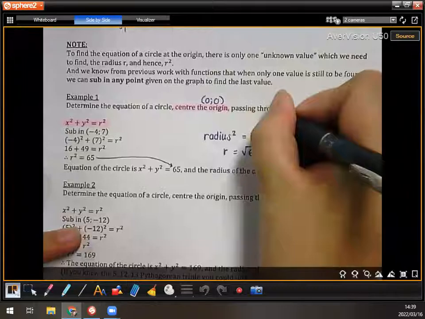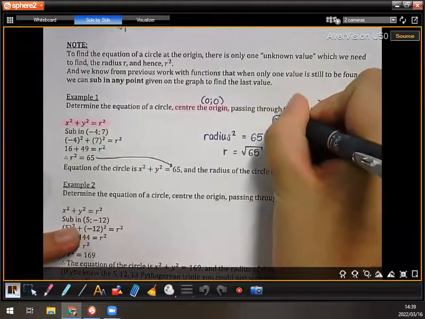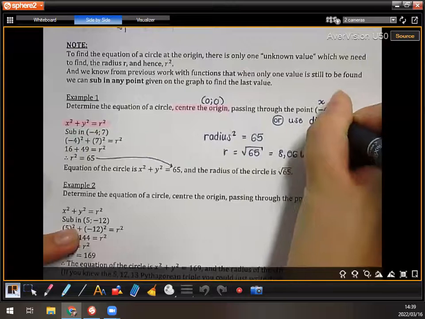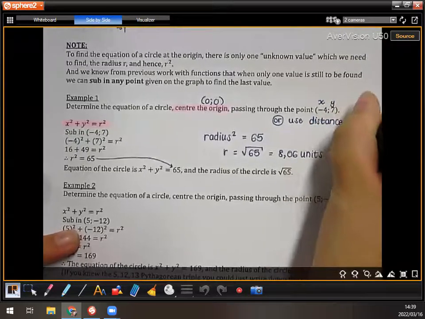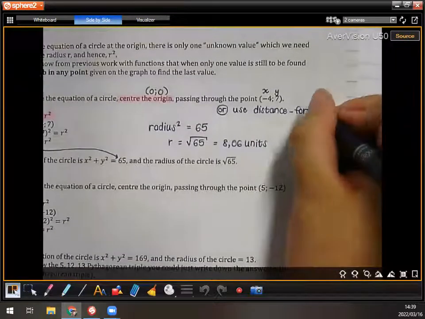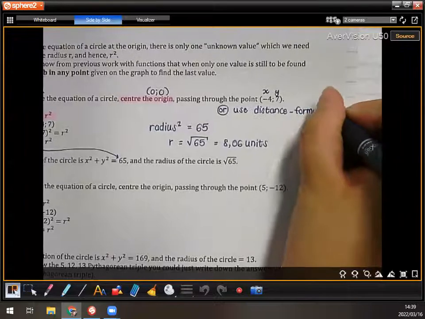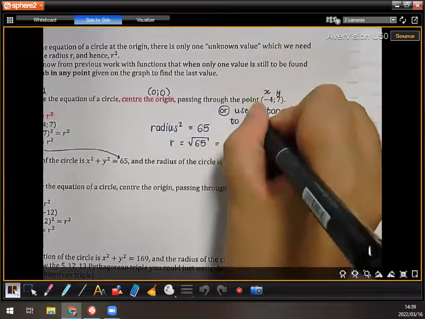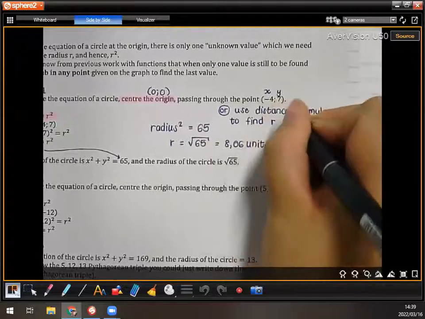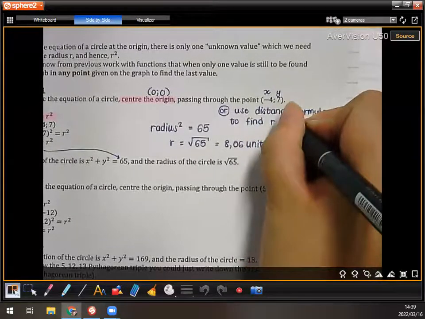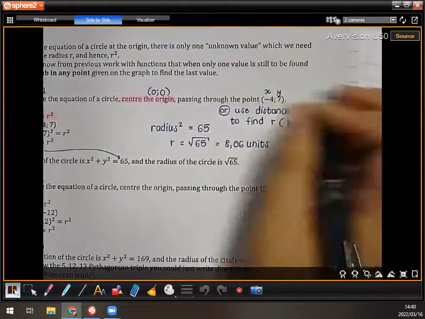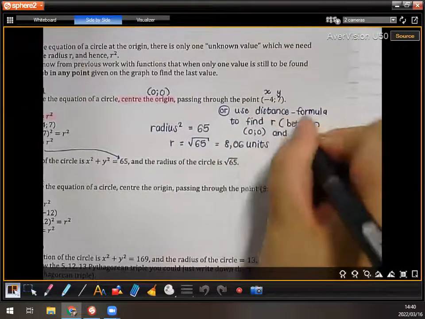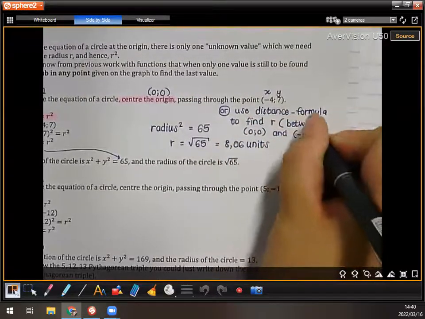I'm going to write here: or use the distance formula to find the radius between (0, 0) and (-4, 7).